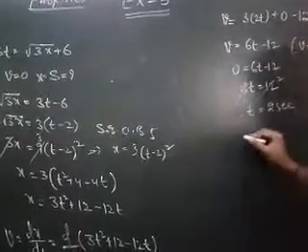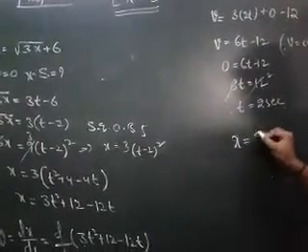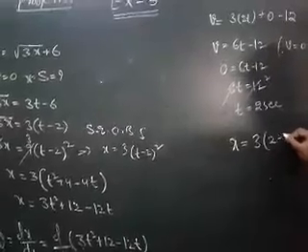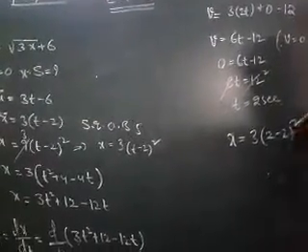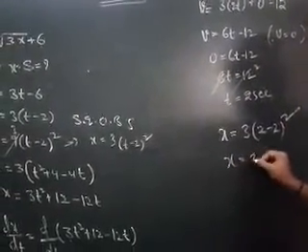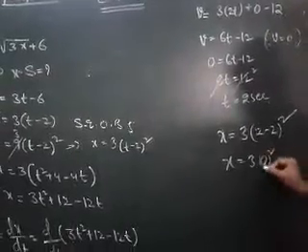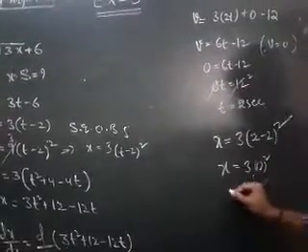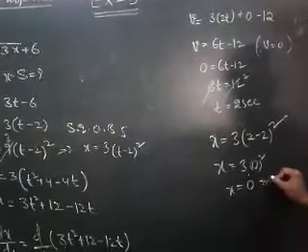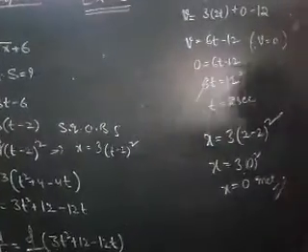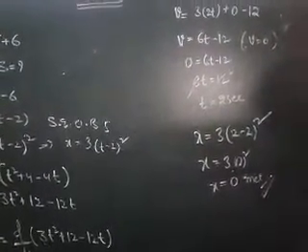We will get x is equal to 3 into 2 minus 2 whole square, x is equal to 3 into 0 square. Therefore 0 into something is 0 meters. Perfect.